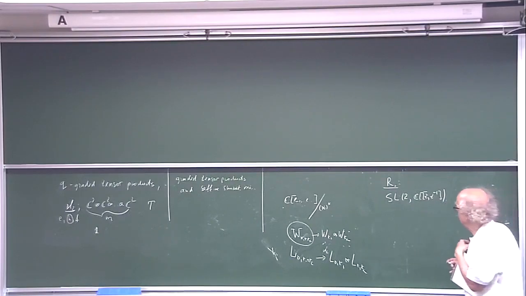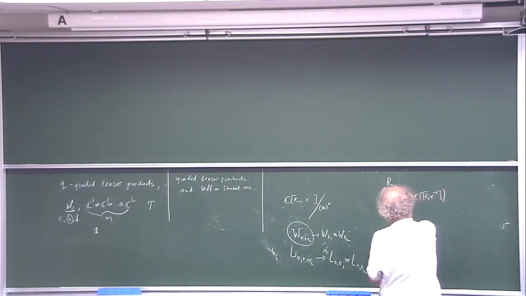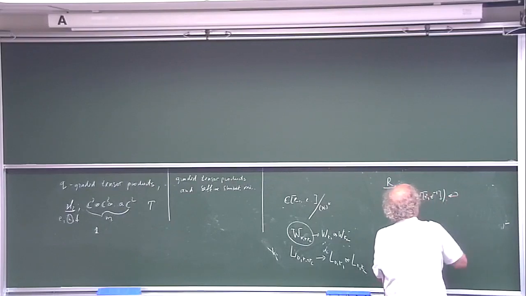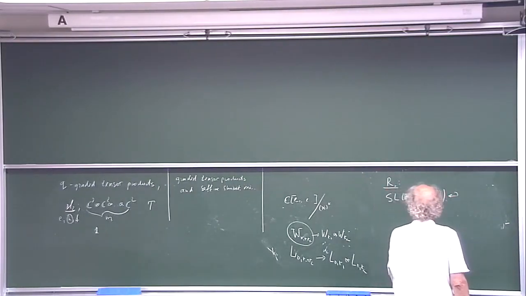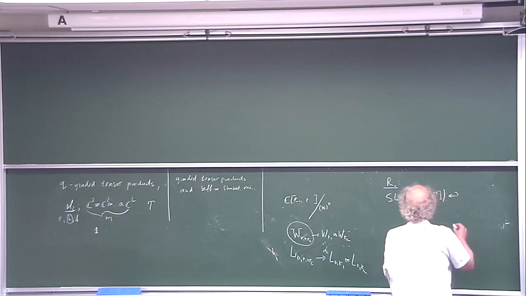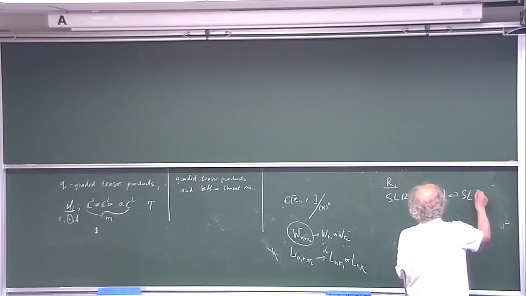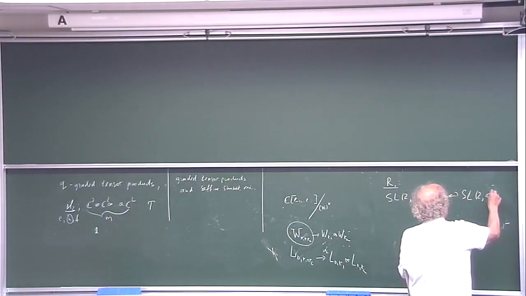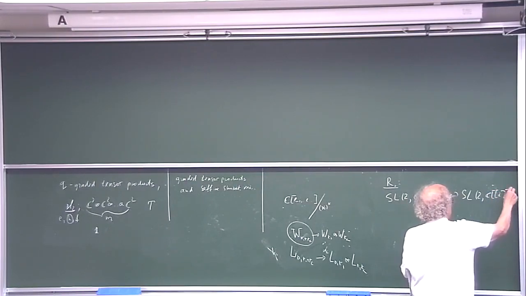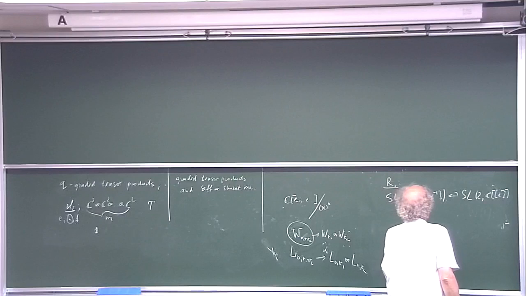And here I have a subgroup which in this language is usually called the maximal compact. It is SL2C.